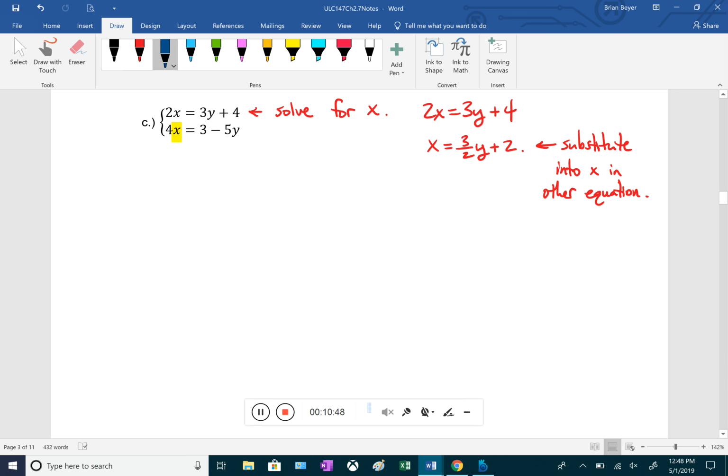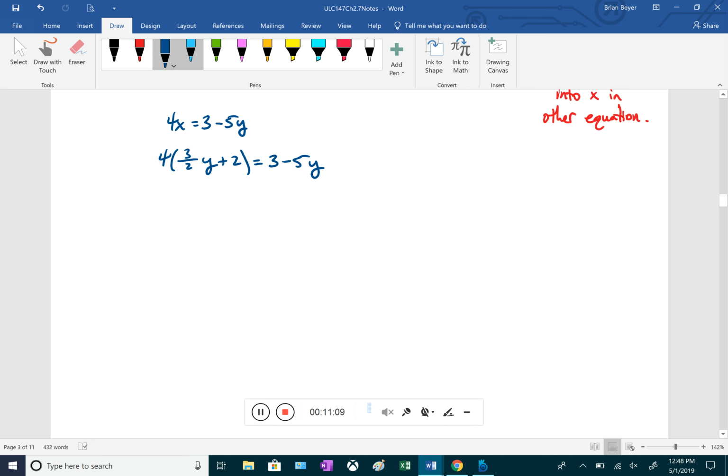So we have the equation 4x equals 3 minus 5y. And we're going to plug in for x, so it becomes 4 times (3 over 2 times y plus 2) equals 3 minus 5y. And now we have one equation, one variable, so we can solve this for y.